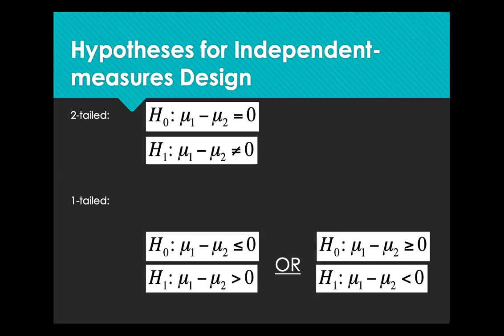You're going to be more specific and say in the null hypothesis that the mean difference will be less than or equal to 0, or greater than or equal to 0, depending on which tail you're using. And the alternative hypothesis would be that the difference between the two means is greater than or less than 0, right? This is really similar to the z and t test null and alternative hypotheses that we've gone over before.